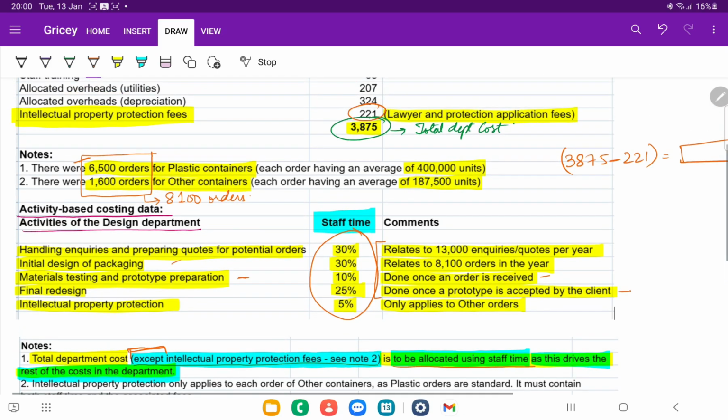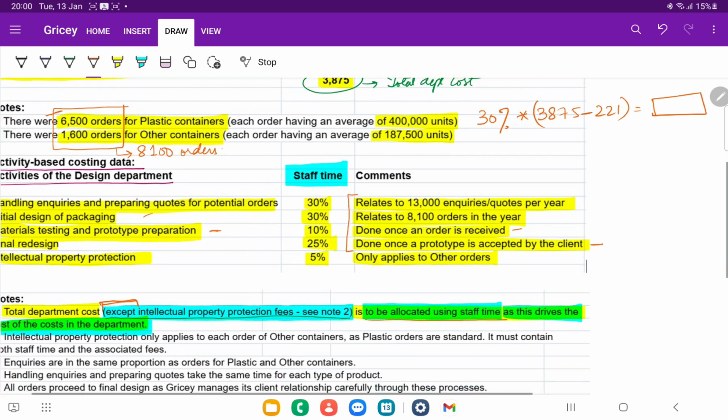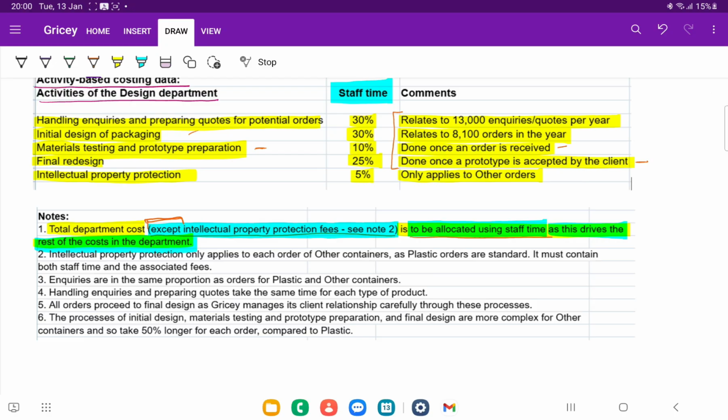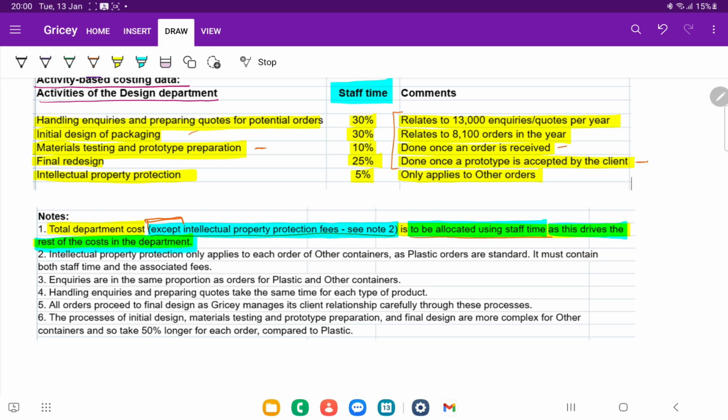You cannot apply this 30% to 3875. This is a wrong strategy. Rather, you have to take 30% of 3875 minus 221, and whatever the answer is, that is supposed to be distributed, right? This is an extremely important point, and if you miss it, you will probably make a very obvious mistake which has been made by a number of candidates, right?